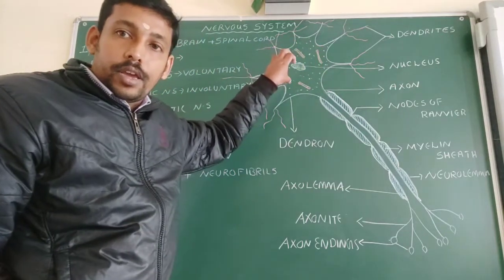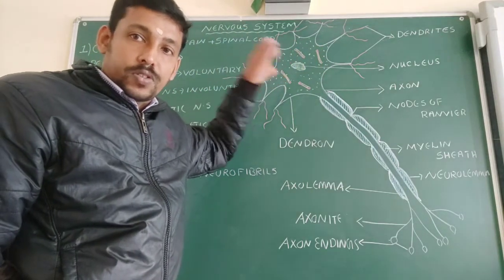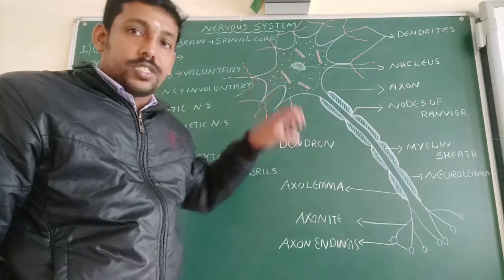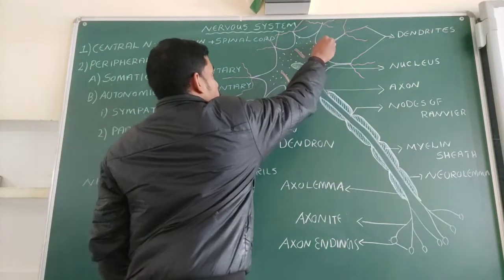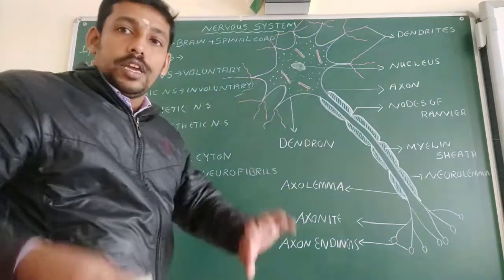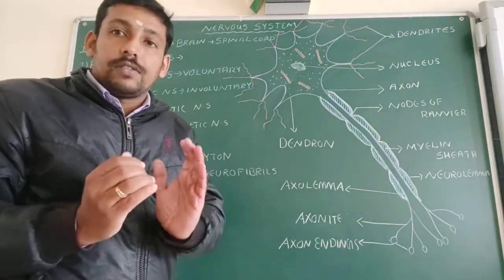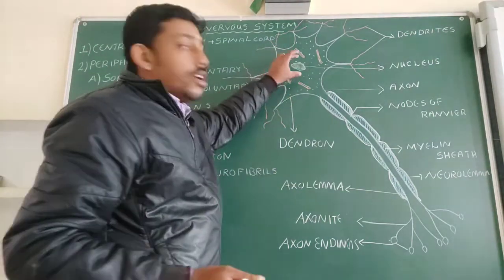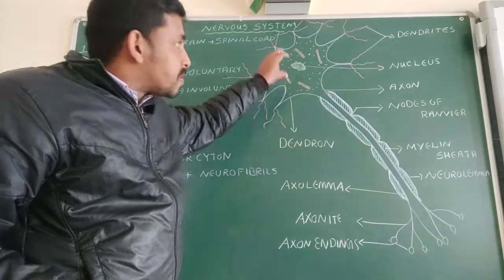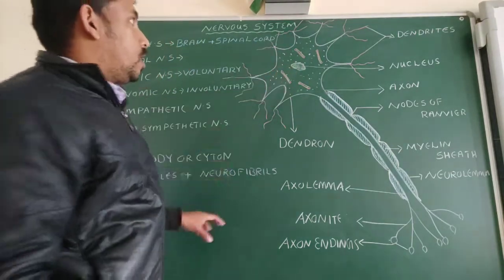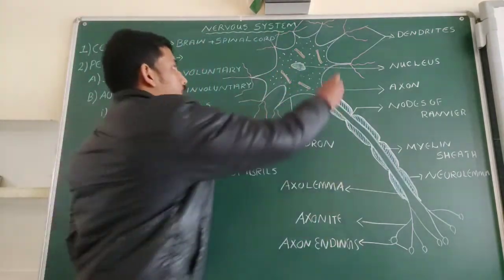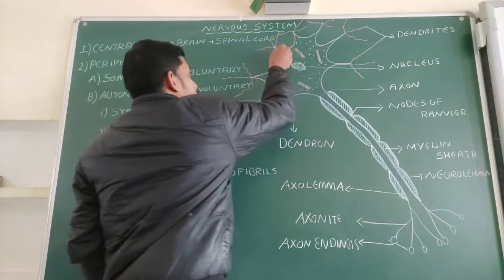From this cell body there are numerous projections like this. So many projections are arising from the cell body. These projections are known as the dendrons.